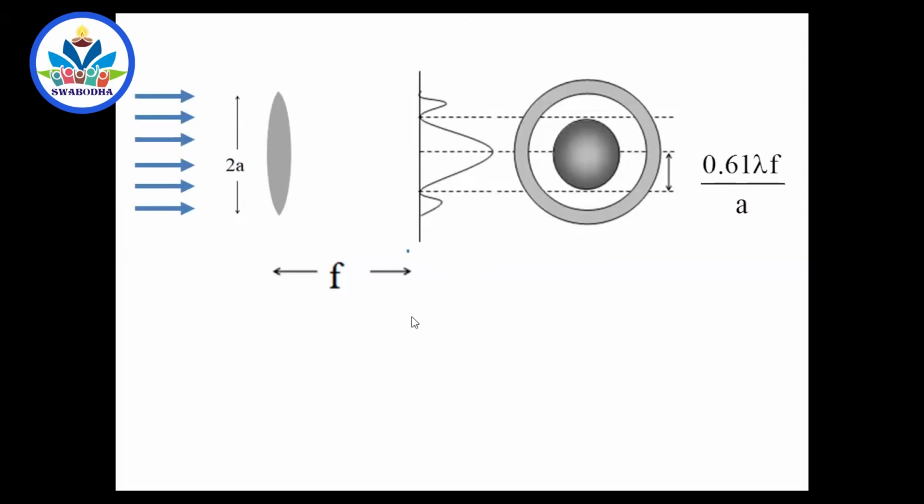Now, suppose you stand here on the lens. Now, lens is the obstacle. Am I right? Lens is the obstacle. Stand at the lens and look into this central bright fringe, the area up to which that bright focus is produced.